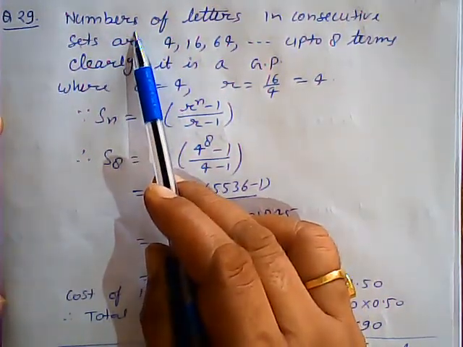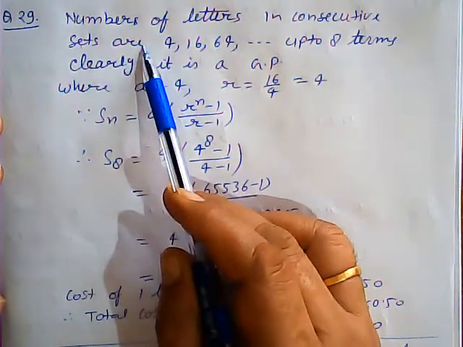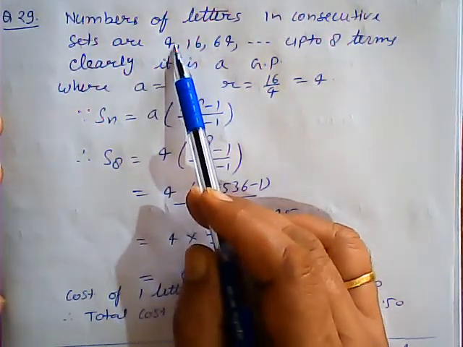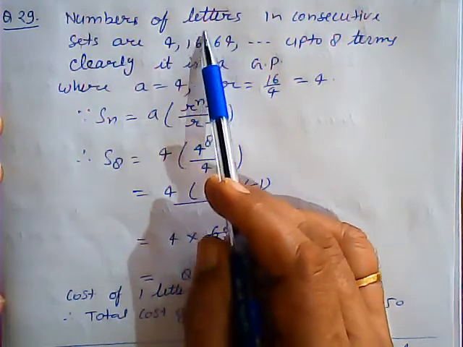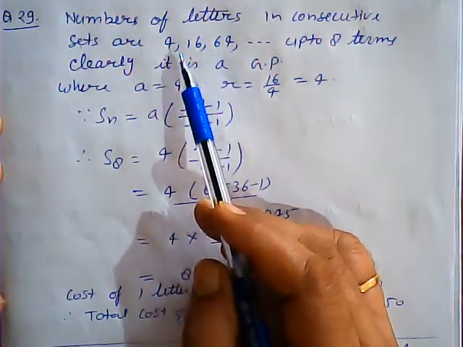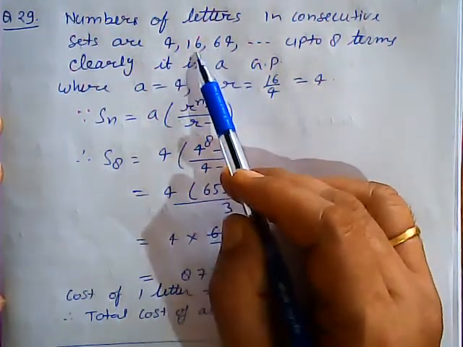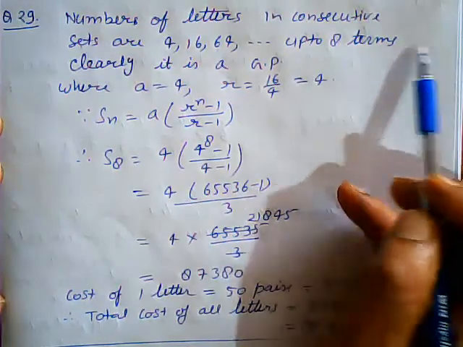The number of letters in consecutive sets are, in first 4 letters, then 4 friends are writing 4 letters each, so it will be 4 multiplied by 4, it is 16. And then 16 into 4 is 64 and so on up to 8 terms.